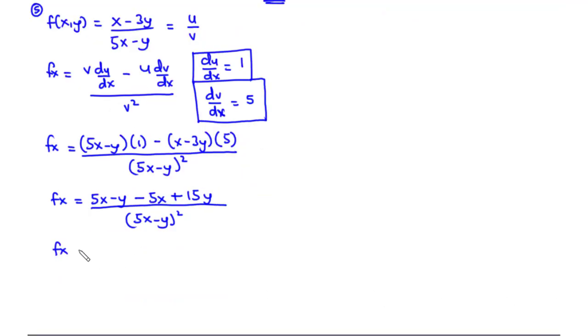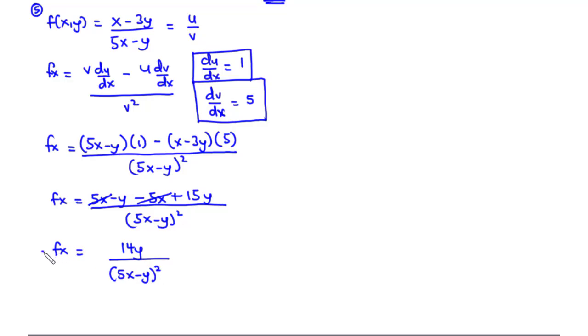So next we have fx equals, so 5x minus 5x goes to 0, negative 1 plus 15 is 14, so we have 14y divided by 5x minus y all square.